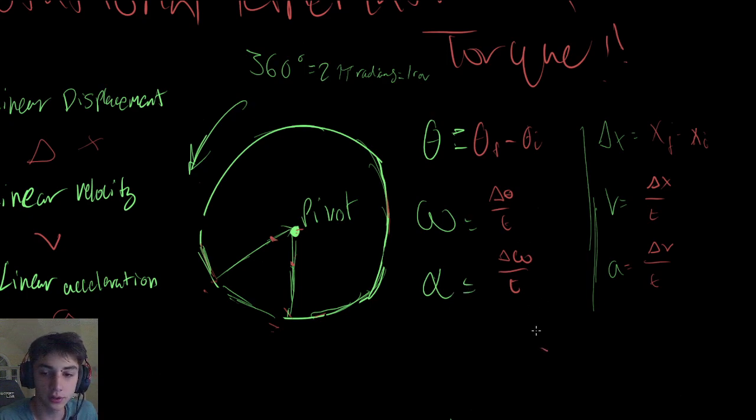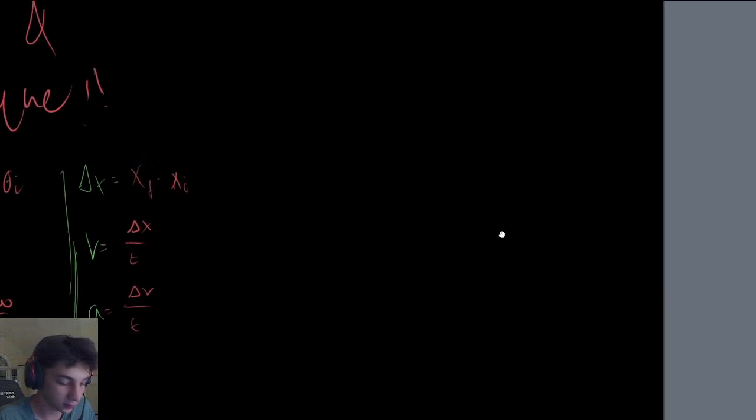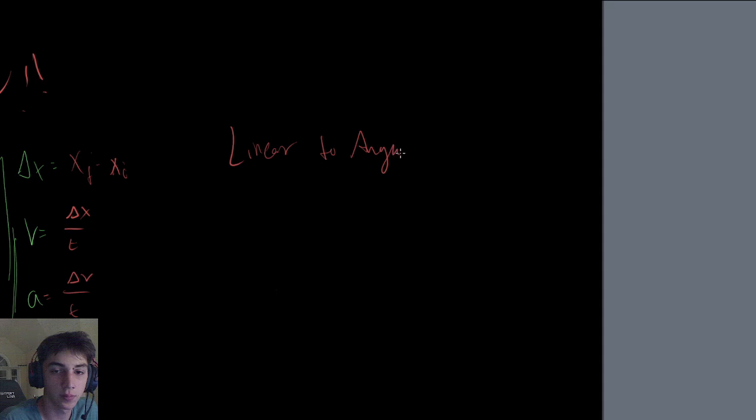So there are also a handful of equations that relate linear to angular. To solve for our linear velocity or tangential velocity, we have to multiply the radius of our object by the angular velocity.